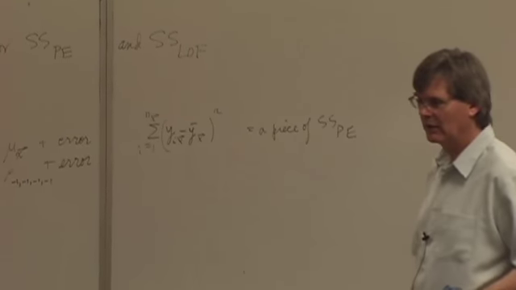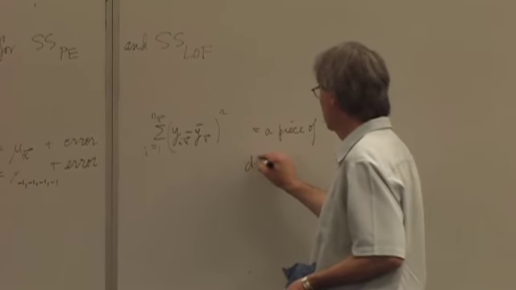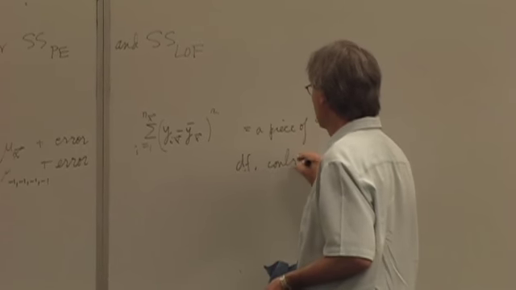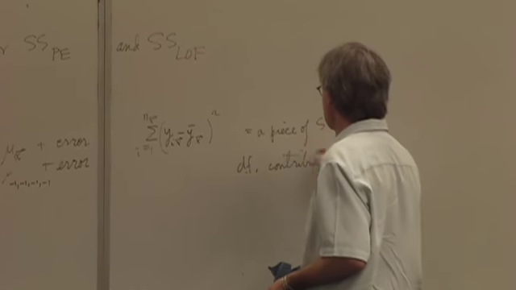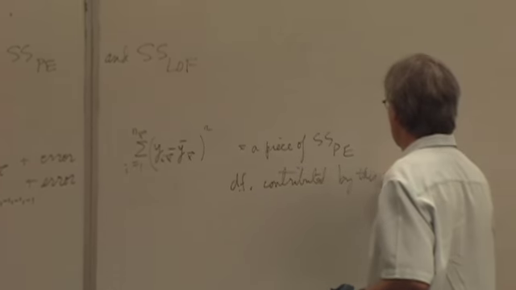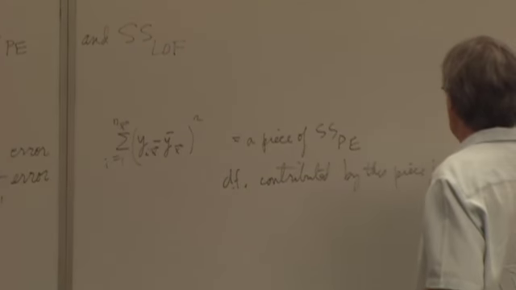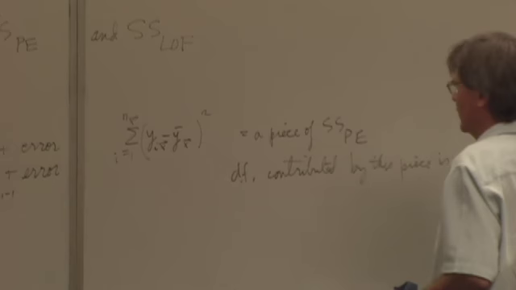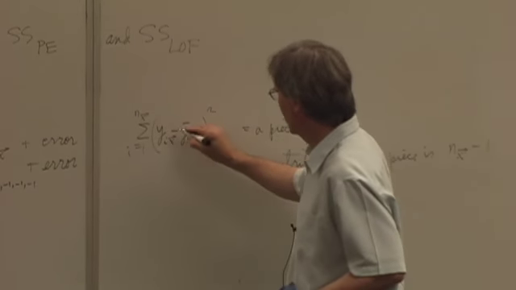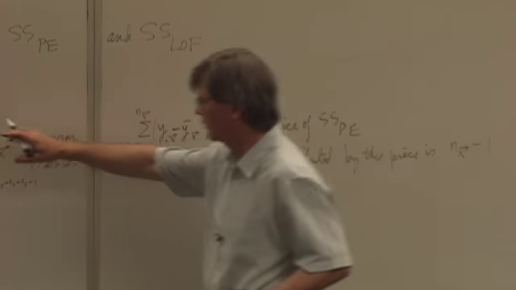And how many degrees of freedom is contributed by this? Degrees of freedom contributed by this piece is nx minus 1. Remember I always said you've got 3 y's, that's 3 degrees of freedom.